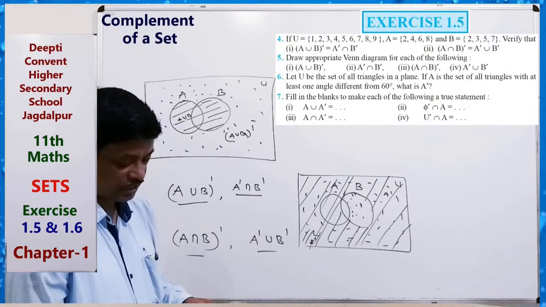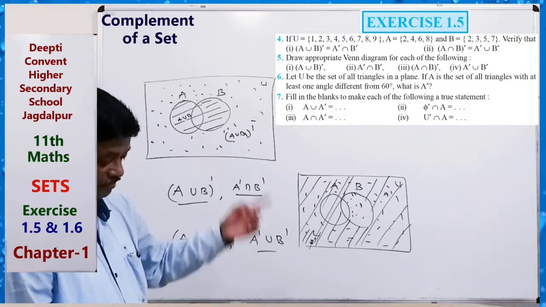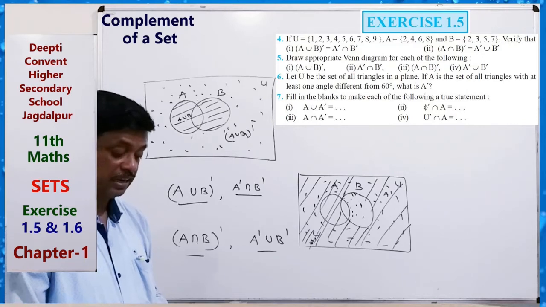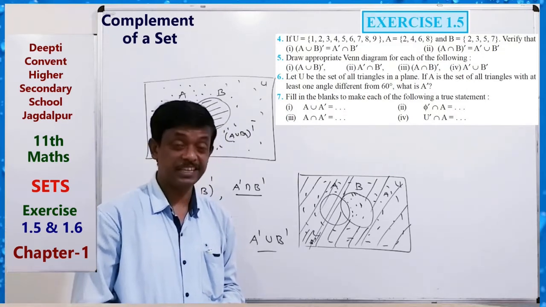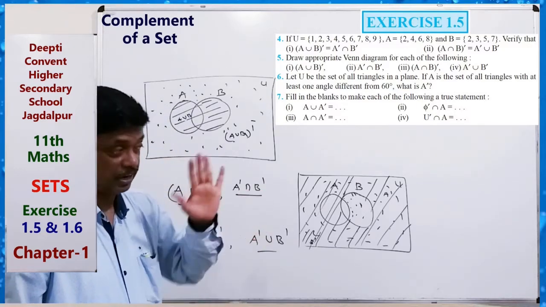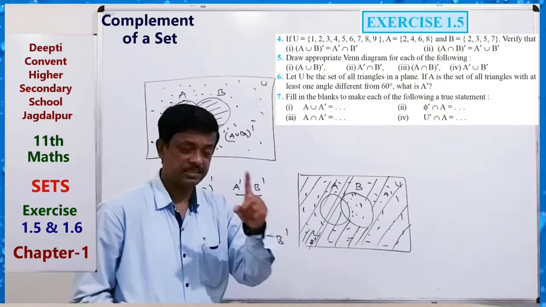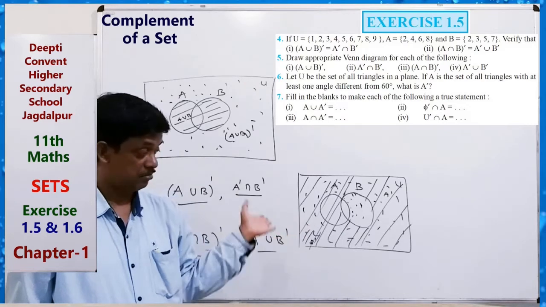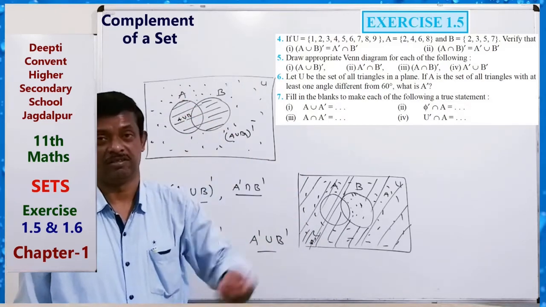Let U be the set of all triangles in a plane. If A is the set of all triangles with at least one angle different from 60 degrees, what is A dash? A is the set of all triangles having at least one angle different from 60. The complement of at least is all.